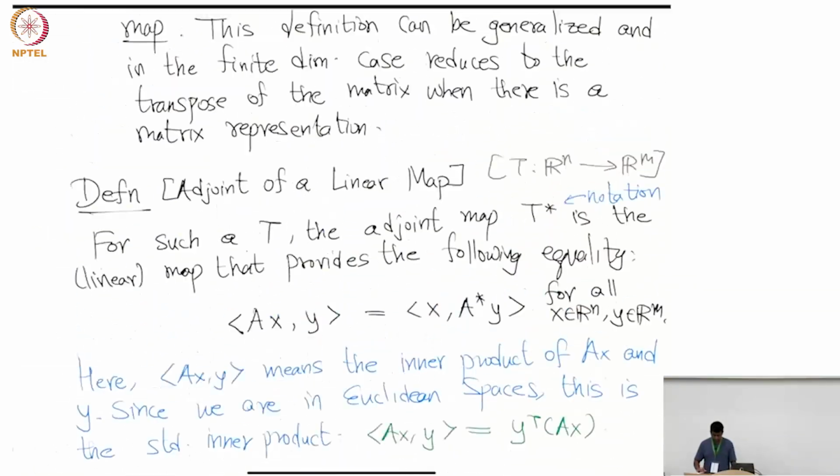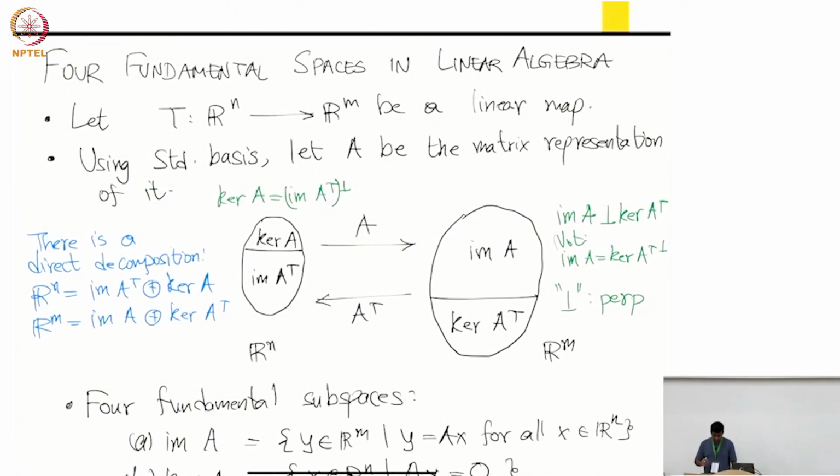Let me just go back here. This orthogonality means if I take A and obtain a vector, it will be in the image of A. So I can say y equals Ax.